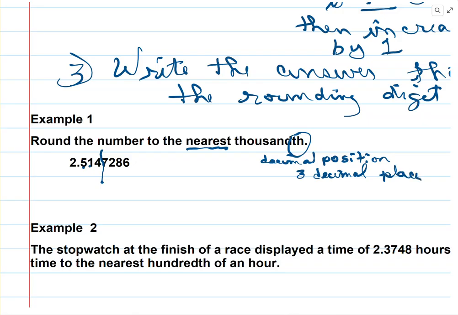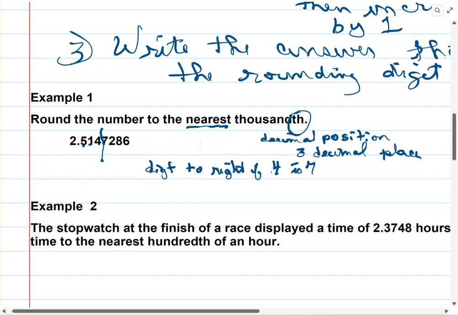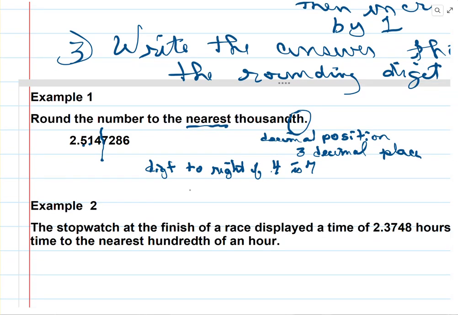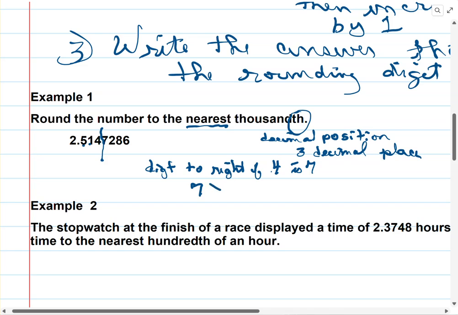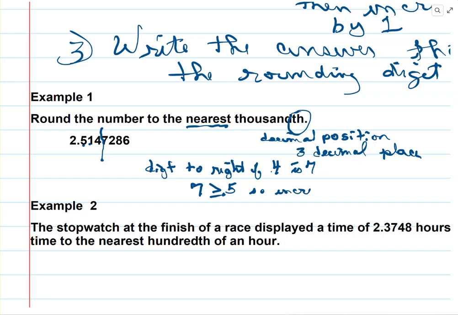The digit to the right is 7. And we know that 7 is greater than or equal to 5. So increase 4 by 1. So the answer is 2 and 515 thousandths. And that's the answer.